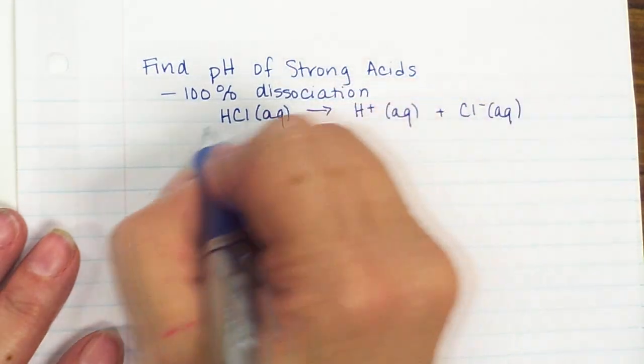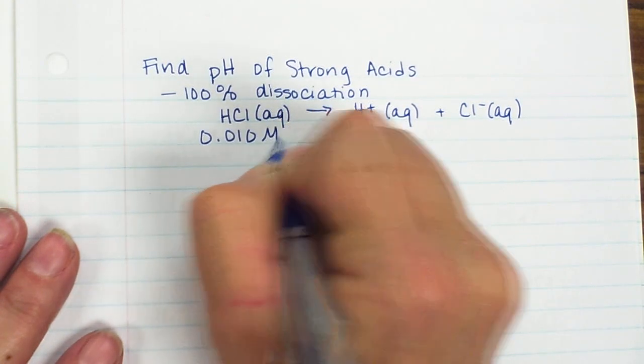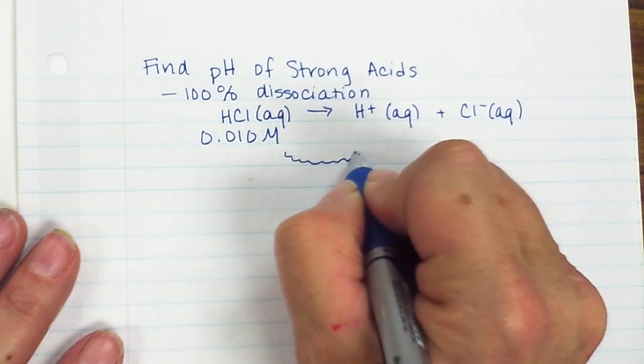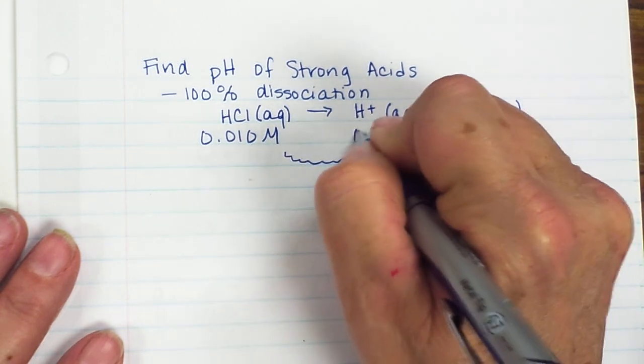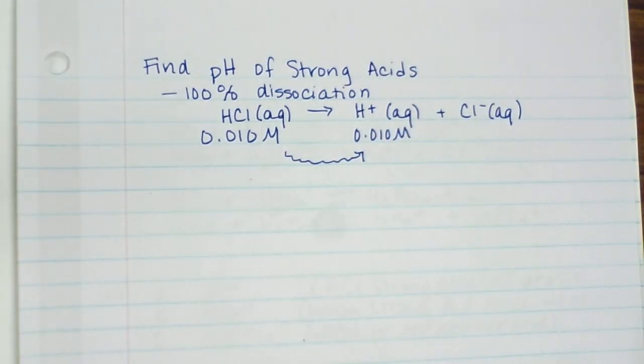Okay, so we're going to start with 0.010 molarity. And what's going to happen is there's going to be this dissociation to 0.010 molarity. Why? Because there's going to be 100% dissociation, right? 100%.